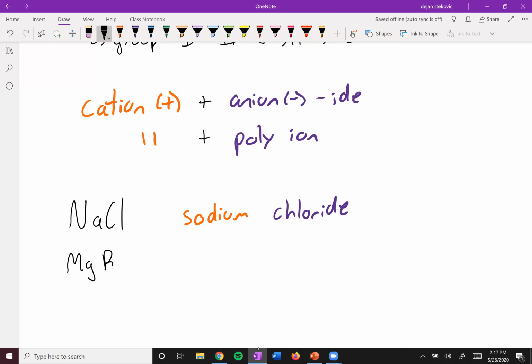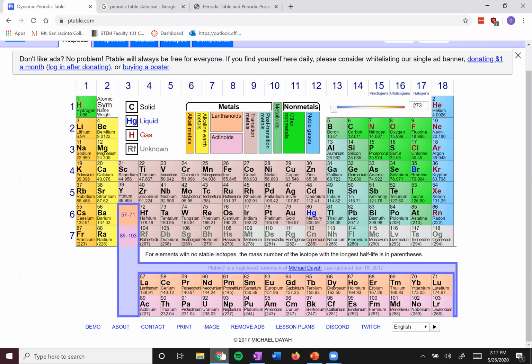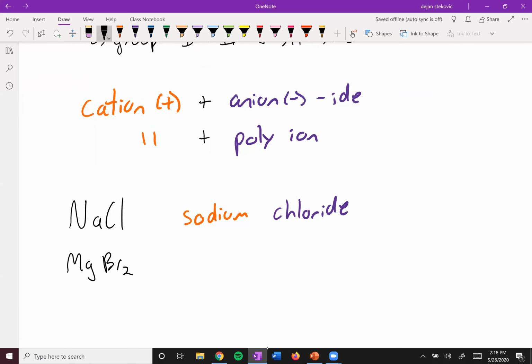Next up, we have MgBr2. Again, this makes sense. Magnesium is going to be +2. Bromine is going to be -1. So overall neutral, we're going to need 2 bromines. Since we know that magnesium is always +2, we don't have to tell you how many magnesiums there are. We assume that you can figure it out.